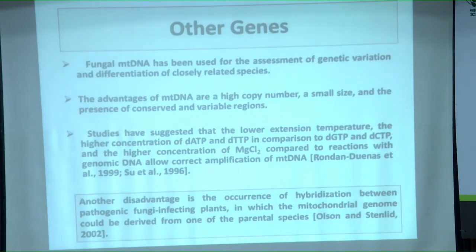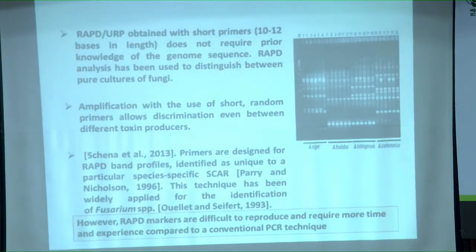You can use mitochondrial DNA genes also, but sometimes it can amplify plant mitochondrial genes also, which is a drawback. So, you can use the RAPD profile where you get a unique sequence in all isolates, and take that for designing primers.